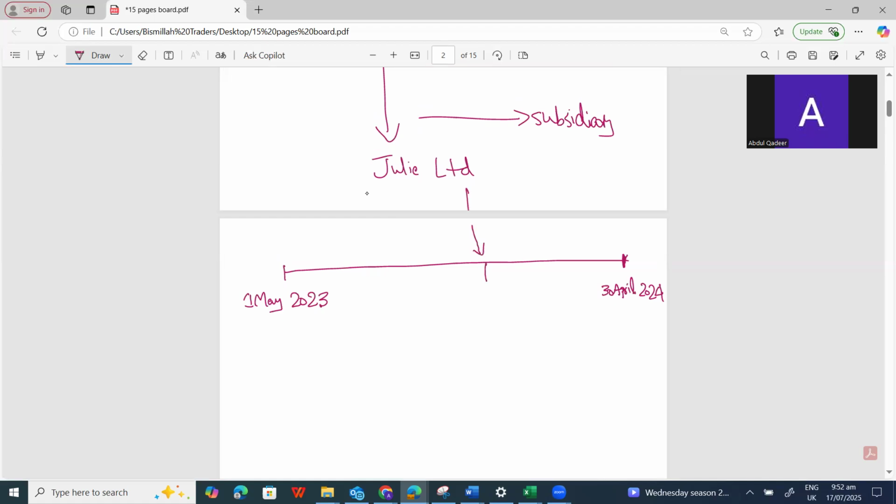We purchased Julie Limited on 1 January 2024, just 4 months before the year end. This is the most important thing because we need to apportion most of the items.